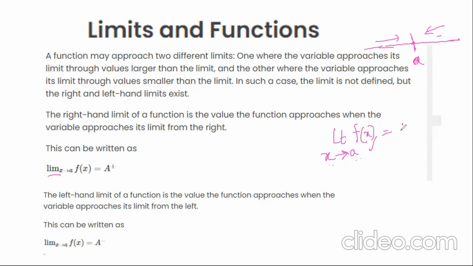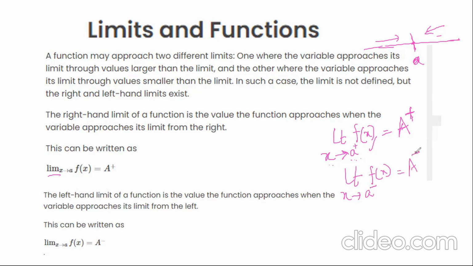So this is a plus, right? When you approach a from the right, the value of this limit is going to be a right-handed limit, that is a plus. Got it? a plus. And similarly, when you approach limit x tends to a, f of x, here a minus you are taking.